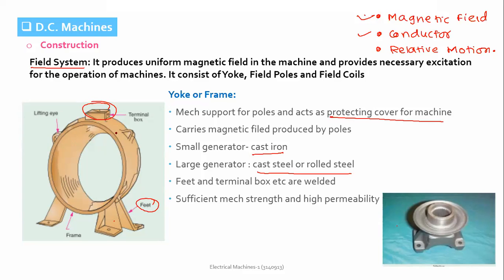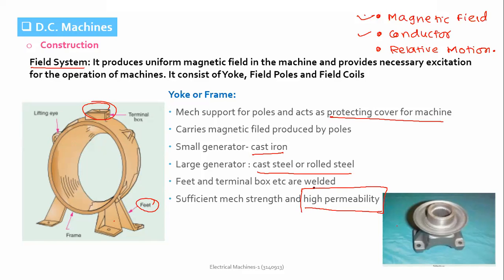So it needs mechanical strength, and most importantly it should have high permeability. I'll explain why it is required to have a yoke or frame made up of a material with high permeability. I hope you remember permeability.